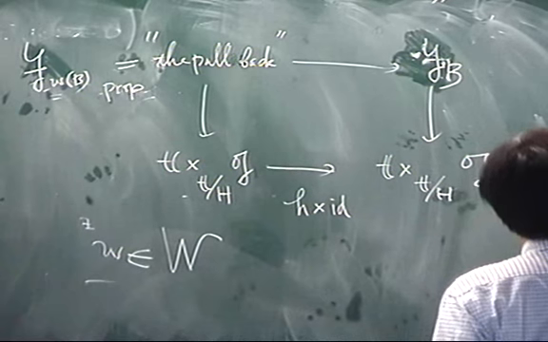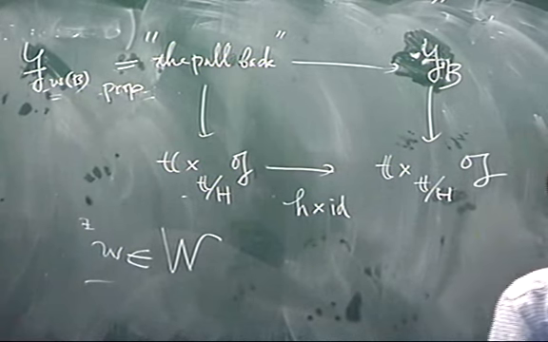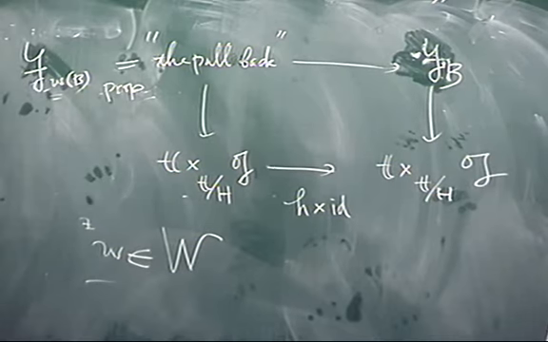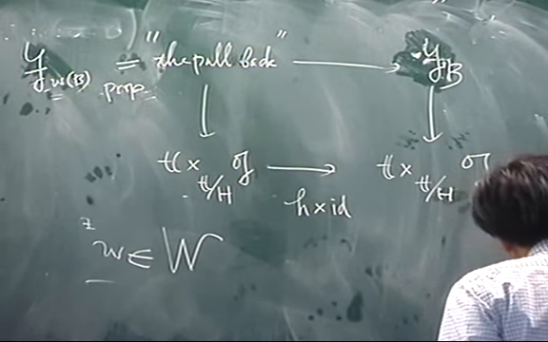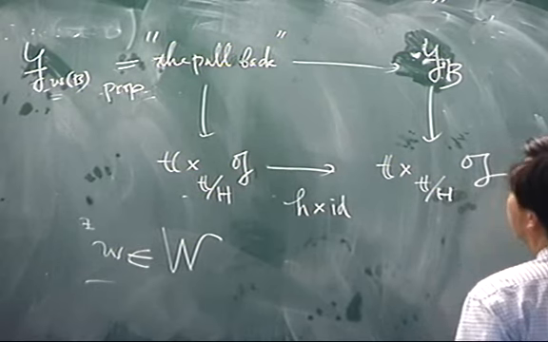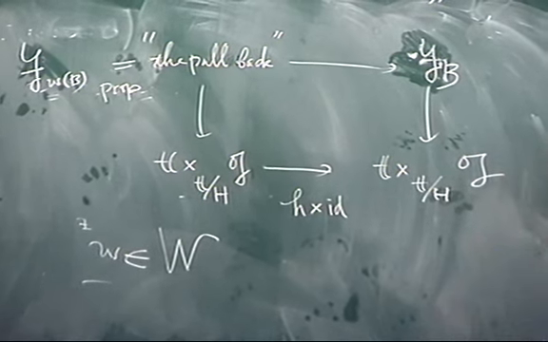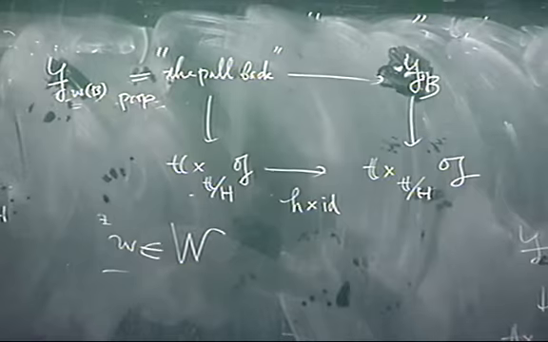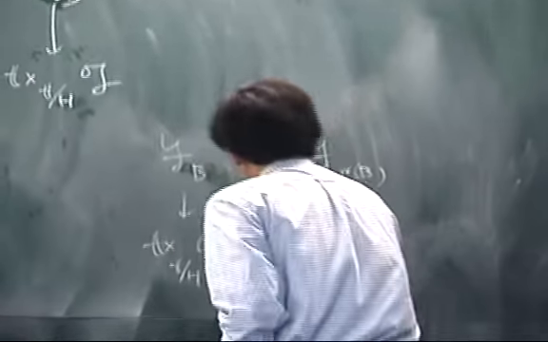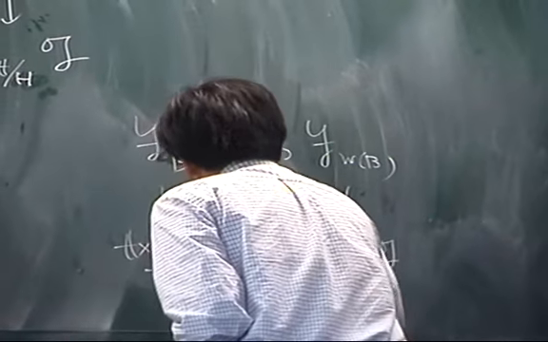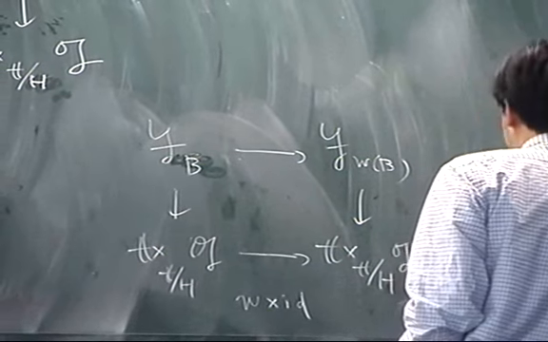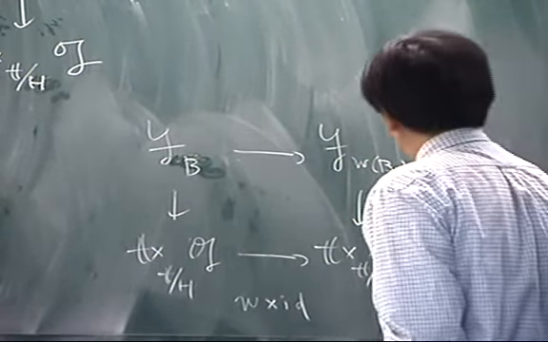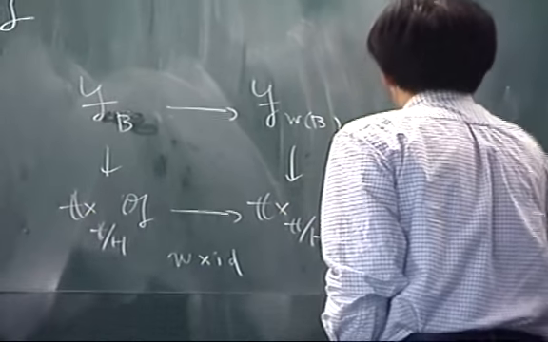So by using this W, we have the following commutative diagram. YWB to T times T mod H J, and J to T times T mod H J. This is just W times identity. This is T times T mod H J. This is H times identity.